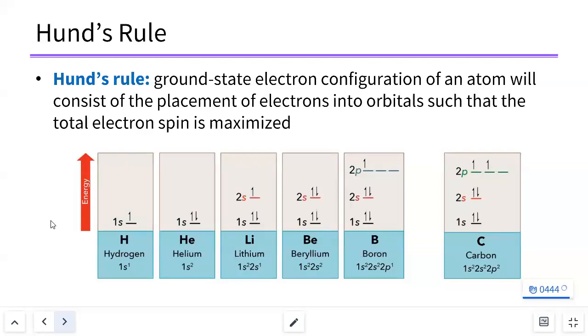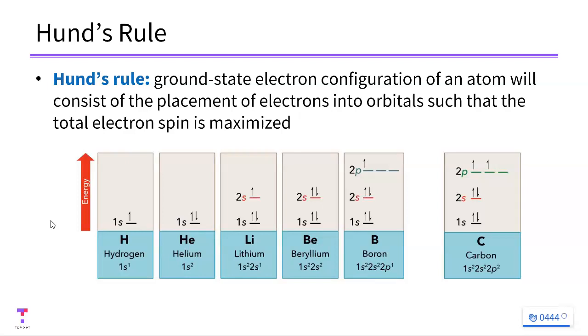Electrons are negatively charged. Like charges generally push apart from each other. And so what Hund's rule is going to state is that when I have the option to separate electrons inside of a sublevel, I'm going to do it. So in the p sublevel, I've got 3 orbitals.